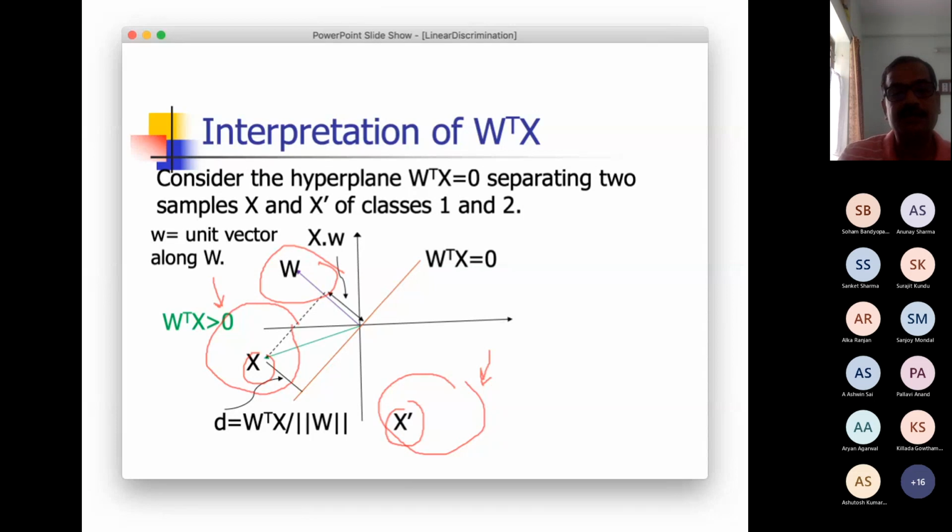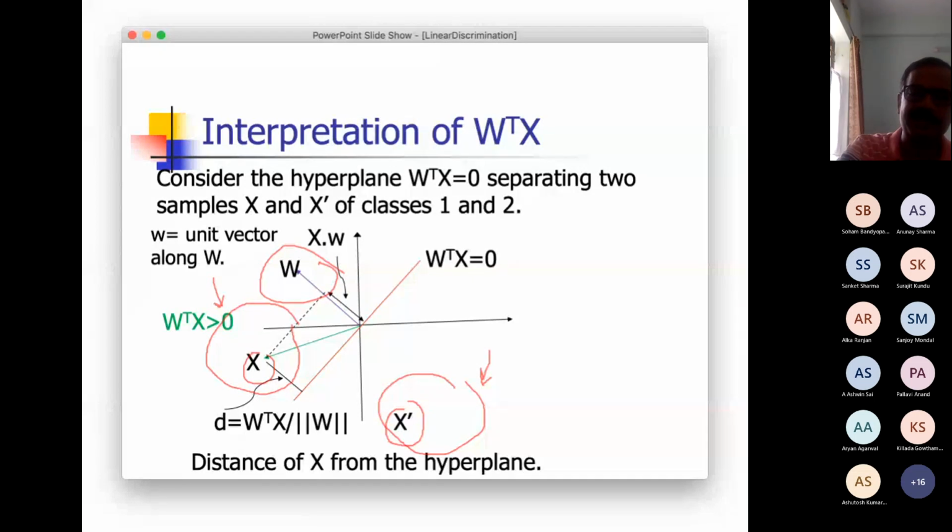That projection itself will give you the distance. So that is the geometric interpretation. Further, the better this value D is, the better the separability of that sample with respect to the margin of the decision. So this value also gives some kind of confidence in how good your classification decision is.